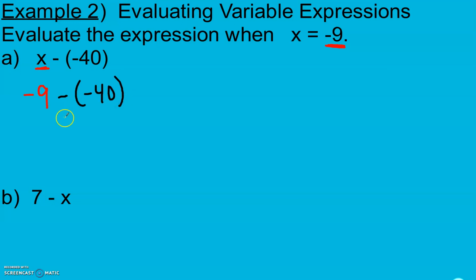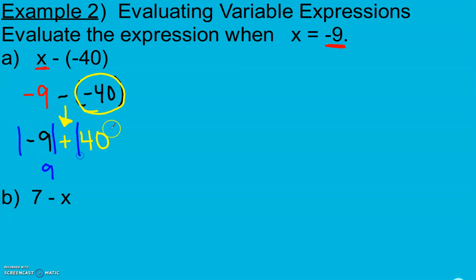Now, I'm going to switch from subtraction to adding the opposite of what follows. Instead of a negative 40, I'm going to have a positive 40. So I have negative 9 plus 40. And now, we take our absolute values. We had different signs, negative, positive, so we subtract and find the difference.